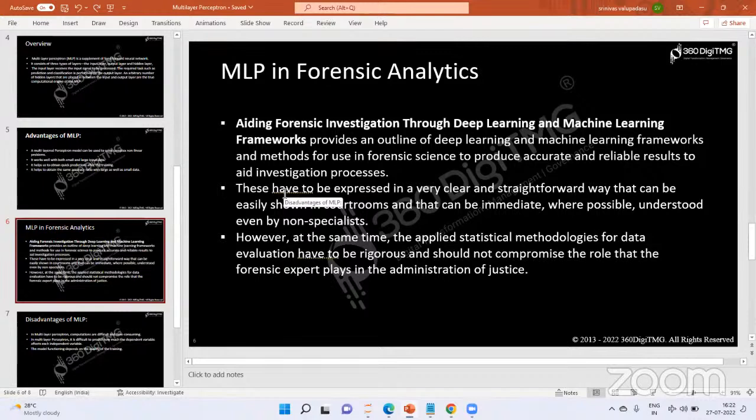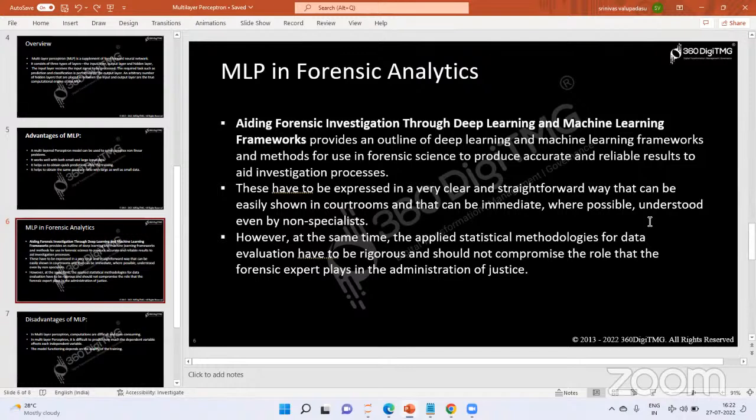Next, these neural networks express results in a very clear and straightforward way, easily shown and, where possible, understood even by non-specialists. Non-specialists can also understand the results easily because of this multi-layer perceptron concept in forensics.